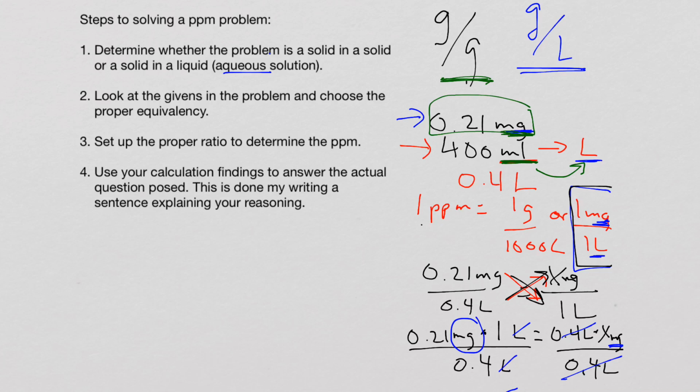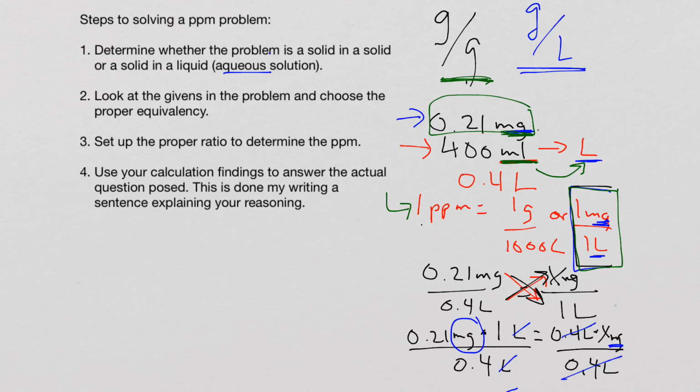If we know our equivalencies in an aqueous solution, we know that 1 part per million is equal to 1 gram in 1,000 liters, or, a 1,000th of that, which is 1 milligram in a liter. I have milligrams, therefore I should use this equivalency because I don't have to convert. And if I don't have to convert my numerator, then I know that this is okay.